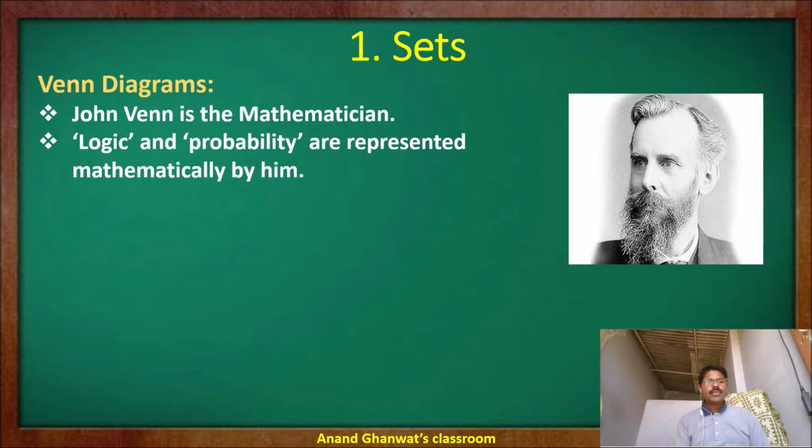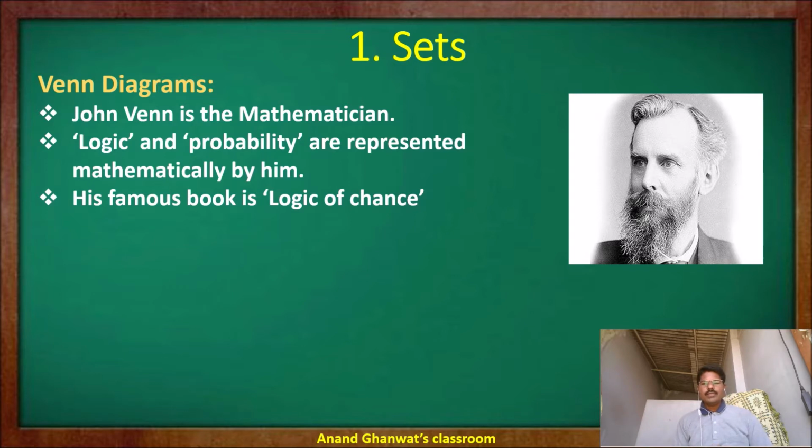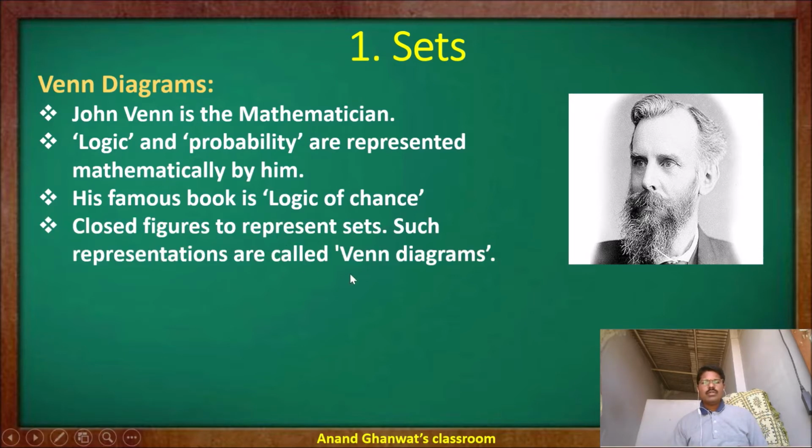John Venn mathematically represented logic and probability. He was the first scientist who represented logic and probability using Venn diagrams. His famous book is Logic of Chance. Closed figures are used to represent sets by John Venn.